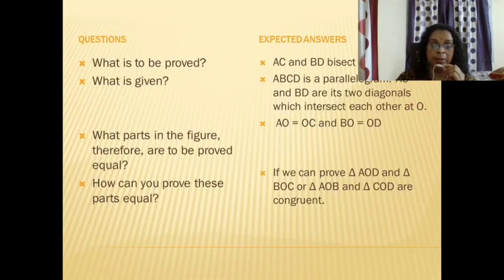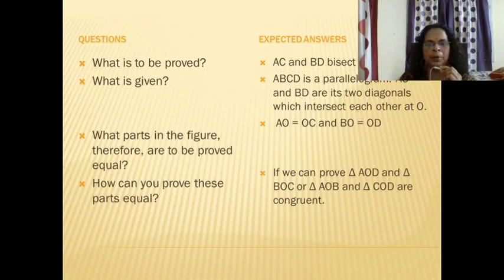they have studied different congruence conditions. For example, SSS congruence condition, ASA, SAS, RHS. These are the different congruence conditions they have studied. Then let them find out by observing the figure which congruence condition we can apply here.